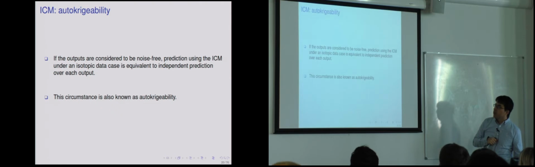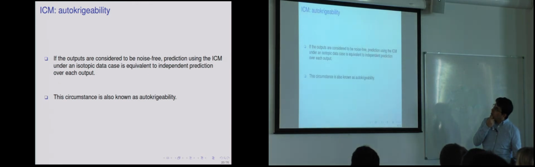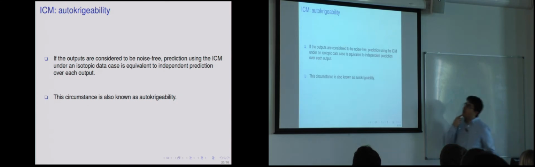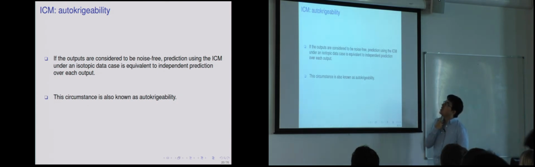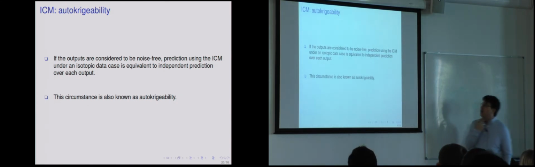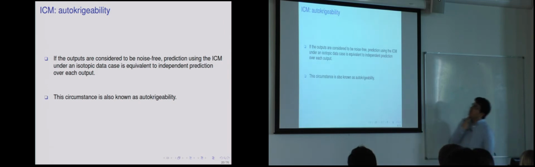Okay. Something important about this model, people sometimes don't know this or they forget about it. So for the ICM, we have this phenomenon that happens when you want to make predictions and you have noise-free data.